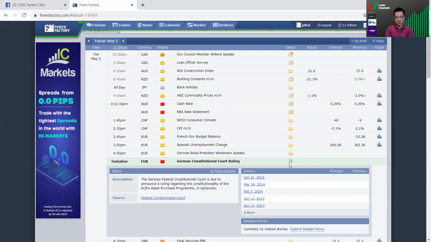So now they're looking to see whether it's constitutional. If they do come out and say it's not, then that asset purchase program might be invalid. If that's invalid, that tool will be invalid. Then they can't do a QE, or they have to think of another different way to do it. So the results of this ruling could impact the Euro US.